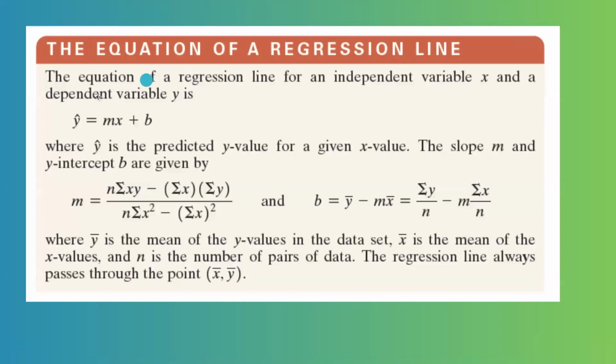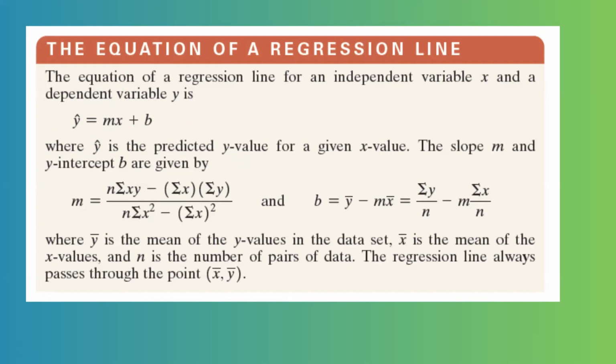The equation of the regression line. The equation of the regression line for an independent variable x and a dependent variable y is defined as y hat equals mx plus b, where y hat is the predicted y value for a given x value.